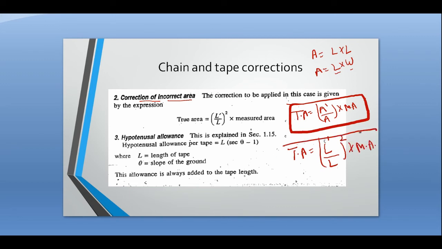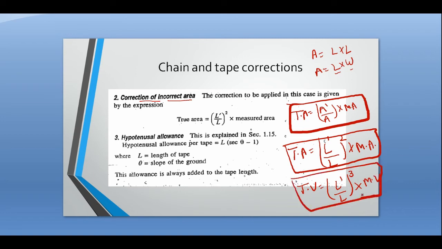This is how we get the correction for area. Similarly for volume, true volume is obviously length, width into height, three dimensions. So it is L dash upon L whole cubed, multiplied by the measured volume. These are the formulas you have to remember for corrections.